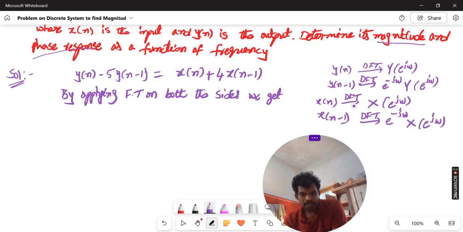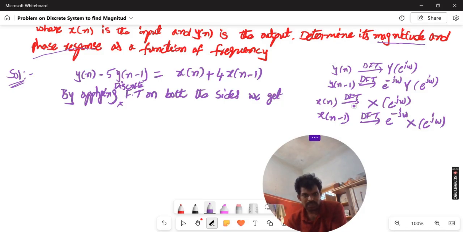In a similar way, let us write down the given difference equation after applying the discrete Fourier transform. In the given difference equation, in the bracket we have n, that is, we know that it is a discrete system equation.